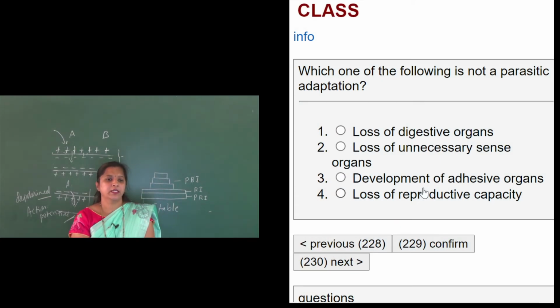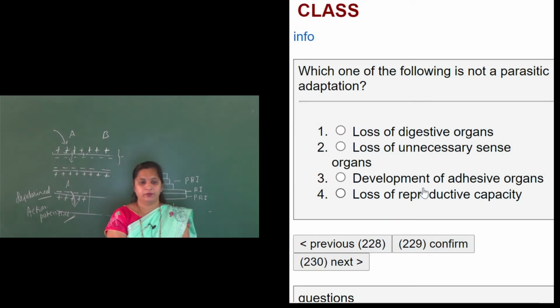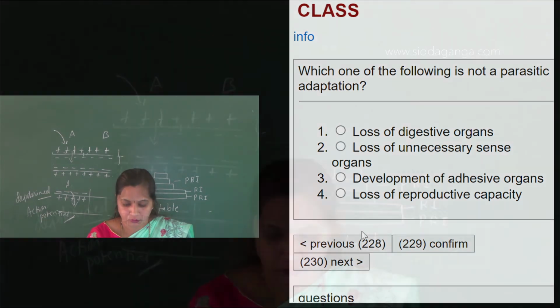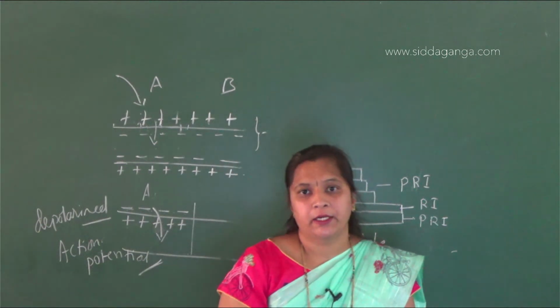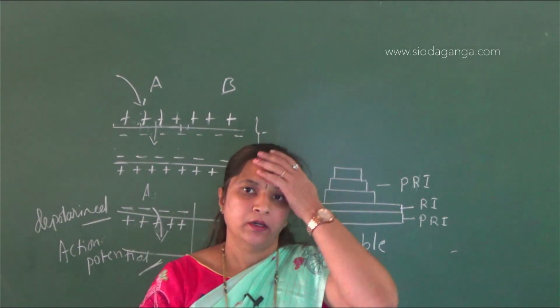Which one of the following is not a parasitic adaptation? First one is loss of digestive organs. Second one is loss of unnecessary sense organs, third is development of adhesive organs, and fourth is loss of reproductive capacity. So what is adaptation?